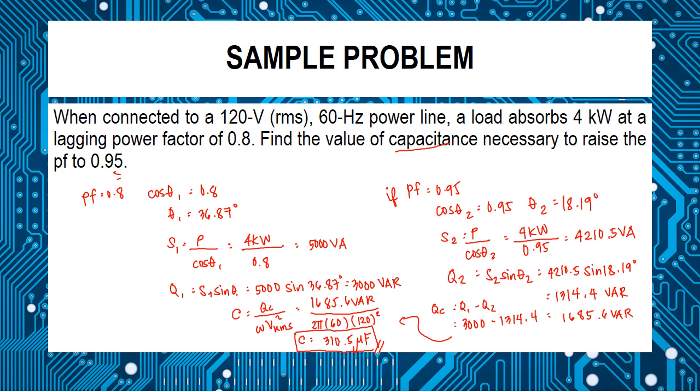So, when the power factor is corrected or raised to 0.95, cosine theta 2 is equal to 0.95, and this angle will be equal to 18.19 degrees.